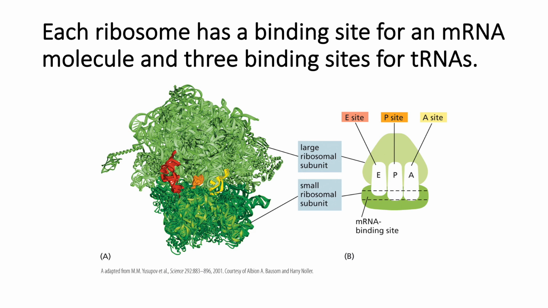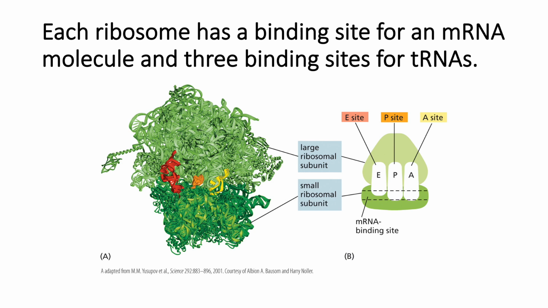The A and the P represent names of different species of transfer RNAs. The A site represents the site for the aminoacyl tRNA, and we looked at that just a minute ago. Aminoacyl tRNA is a single amino acid on the transfer RNA. The P site stands for the peptidyl tRNA site, and I'll show you what those look like in a minute.